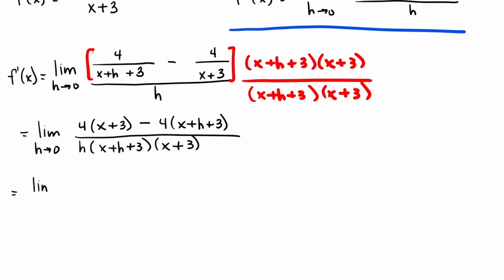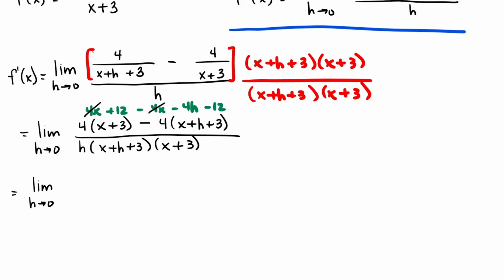So this is equal to the limit as h approaches 0. Now let's look at the numerator. I'm going to distribute above this in green just to save some space here. So we have 4x plus 12 minus 4x minus 4h minus 12. And what we notice is that some terms cancel out.